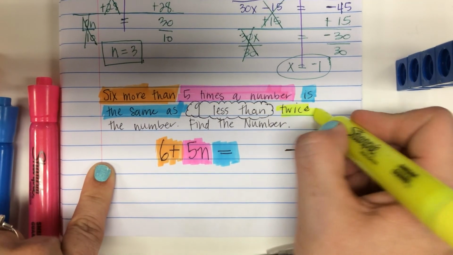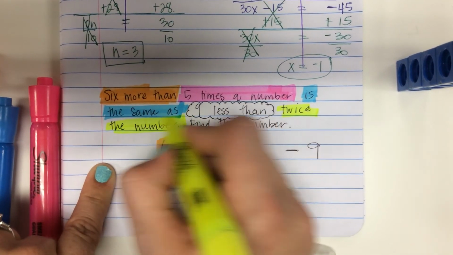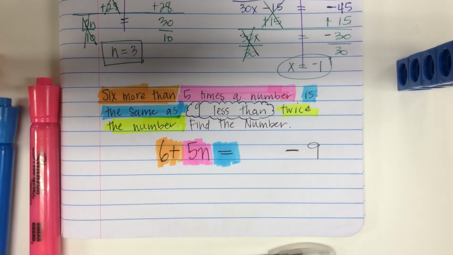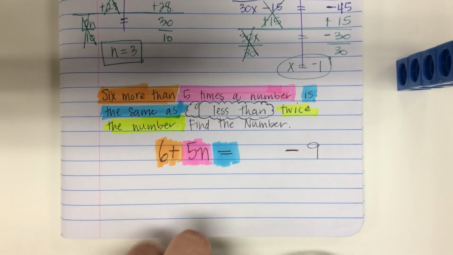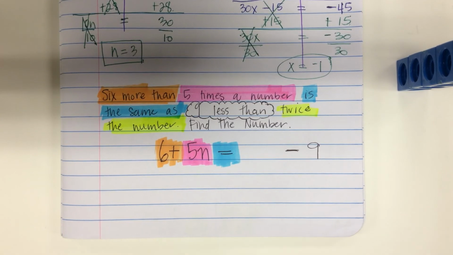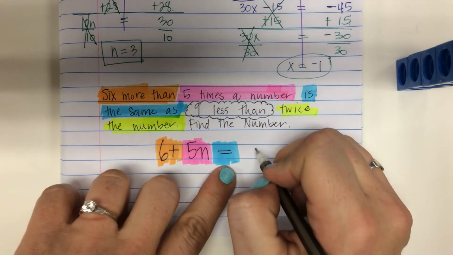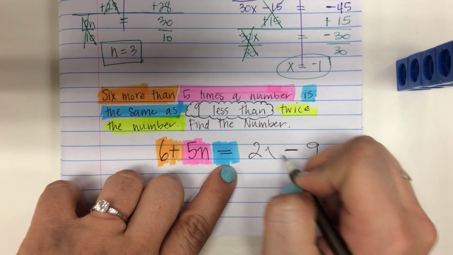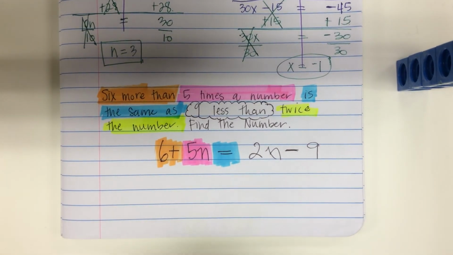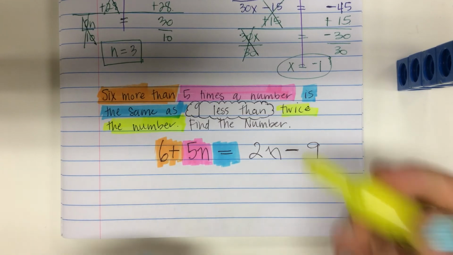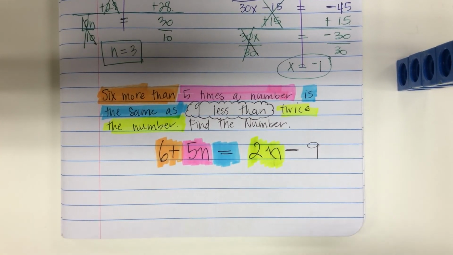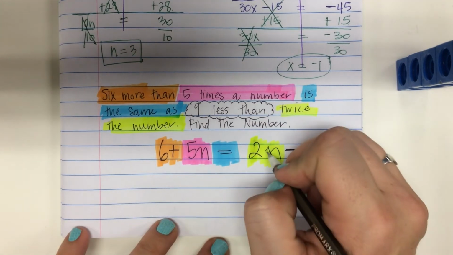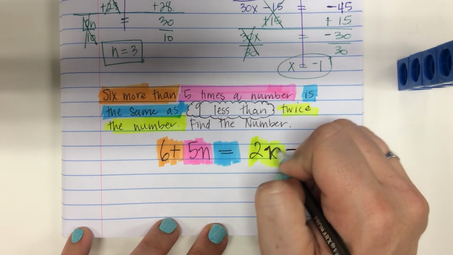Twice the number. What does twice the number look like mathematically? What number did we choose this time? N. You said X and I started to write it. N. 2N. Twice means times 2. The number.